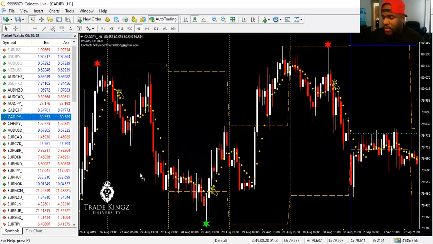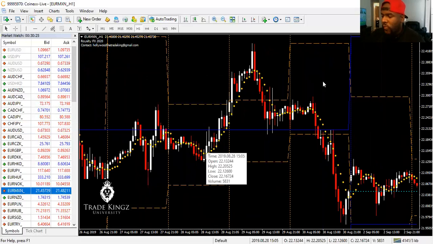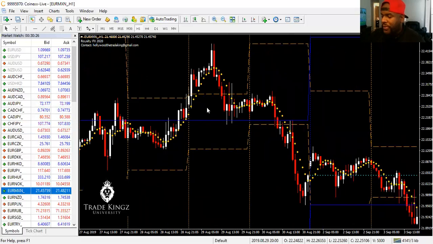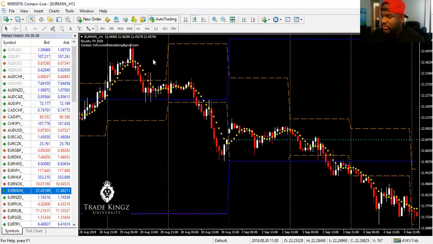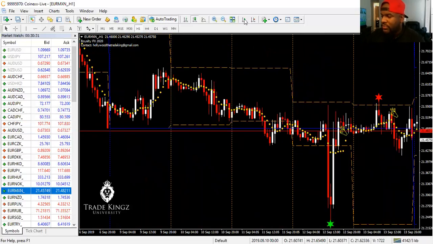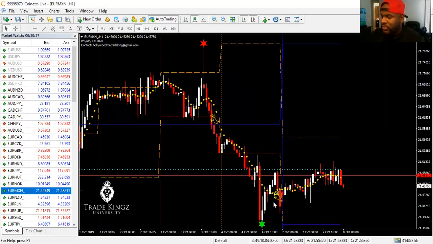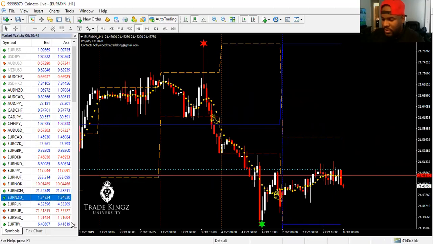It does work on exotics. They do look kind of crazy with the exotics. Some exotic pairs are just all over the place. This one is pretty smooth. Euro Mexican. Euro Tri.